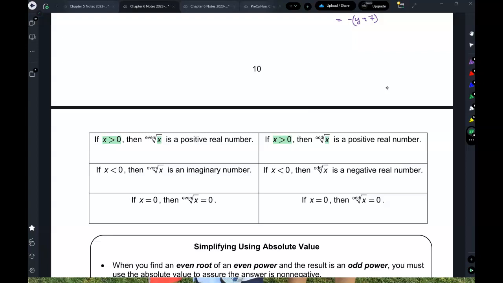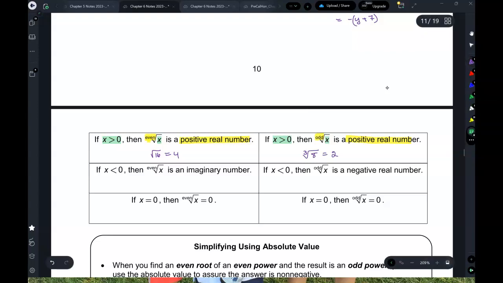Now, if this is even index, then we get a positive real number. So for example, if I have the square root of 16, that's 4. If this is odd and I have a positive inside, I also get a positive real number. So for example, the cube root of 8, that's 2.